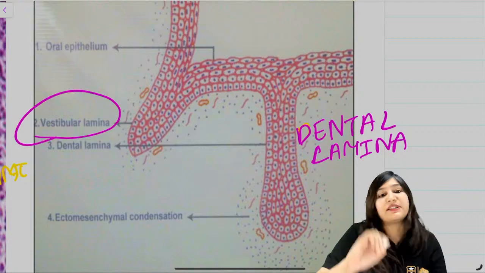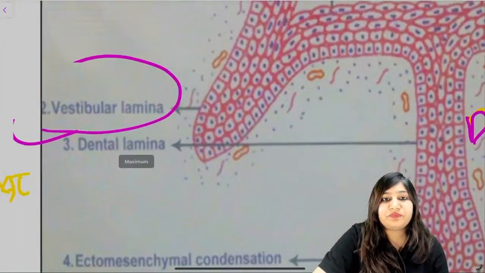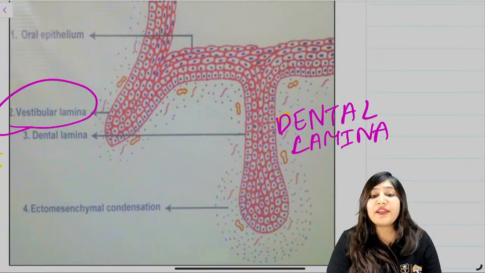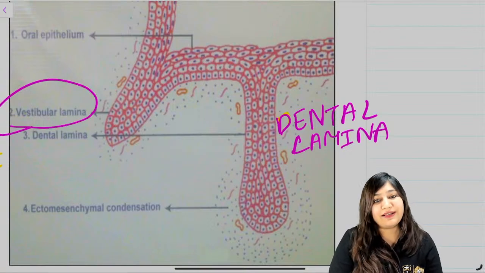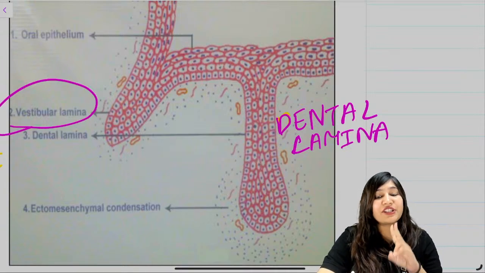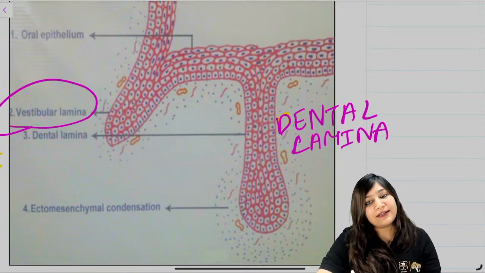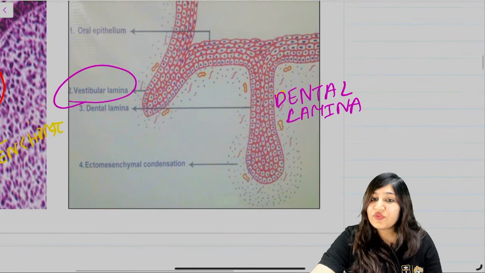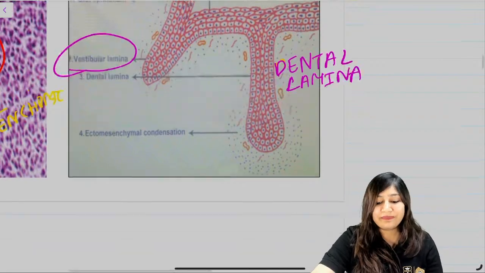This is vestibular lamina. So, buccal to the dental lamina is always vestibular lamina. So, there are 2 extensions of primary epithelial band. Which are the 2 extensions? Dental lamina and vestibular lamina. And at which weeks are they formed? 7 weeks.